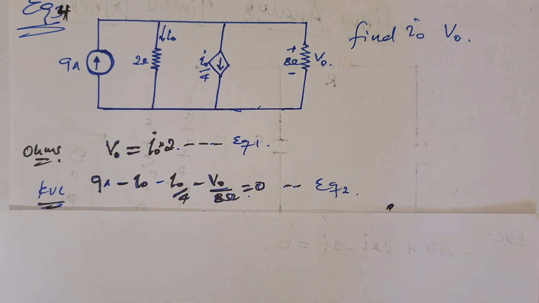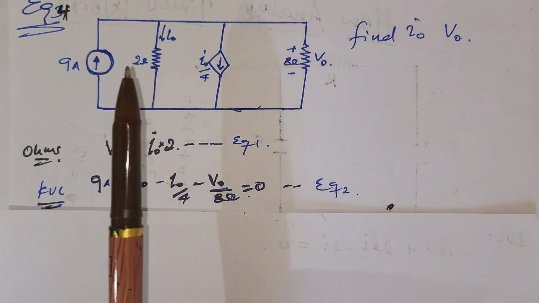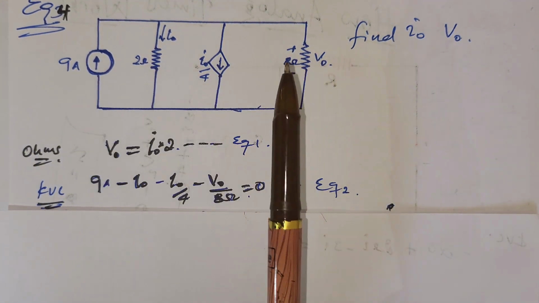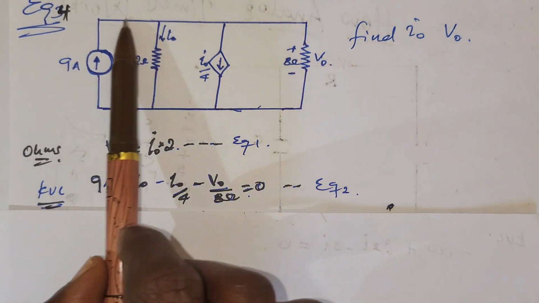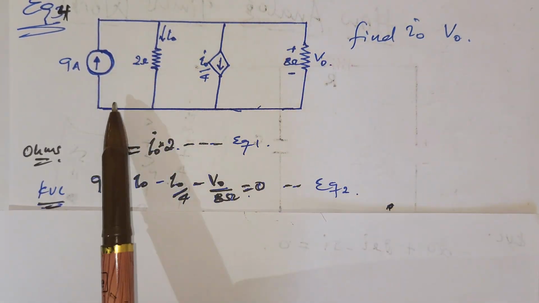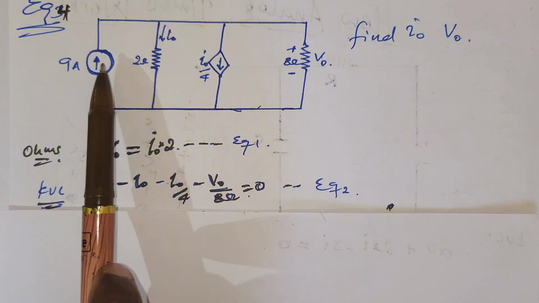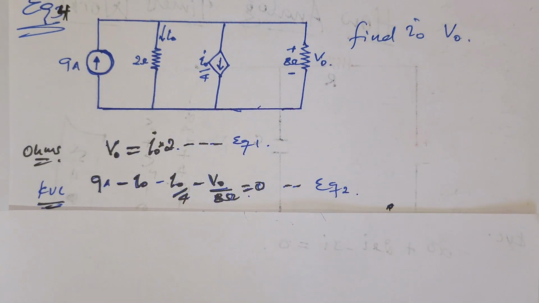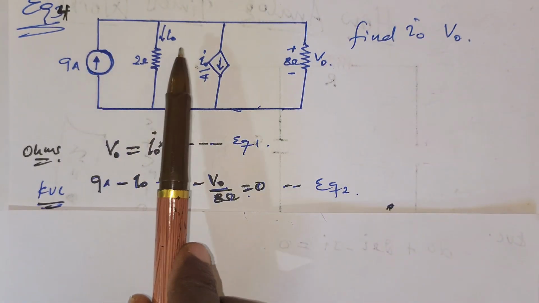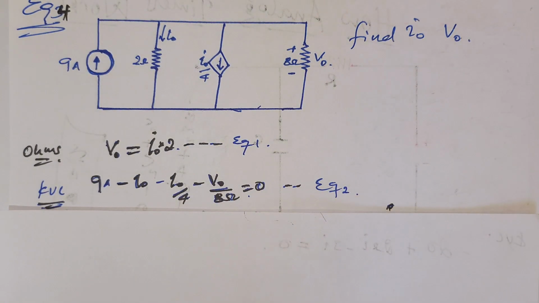Also applying KVL, Kirchhoff's law. If these are perfectly parallel, we can combine them. We can assume them as a closed system and combine them as current sources. Just adding them, the combination of these sources can be assumed to be 0.